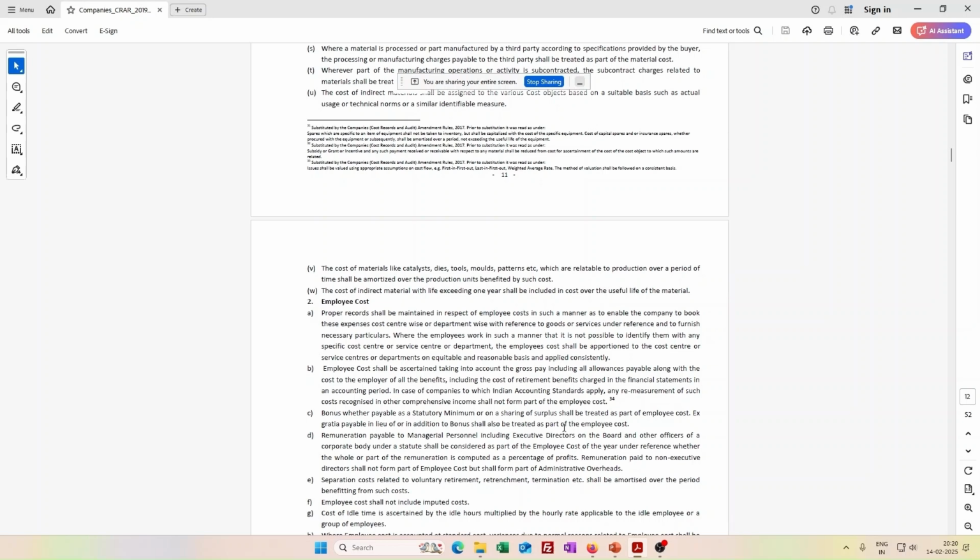Now whether it is a direct employee cost or indirect employee cost, that depends upon the nature of the job allocated to the employees. This is simple.